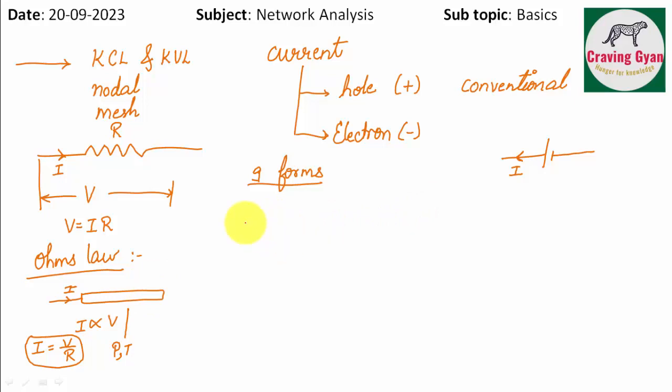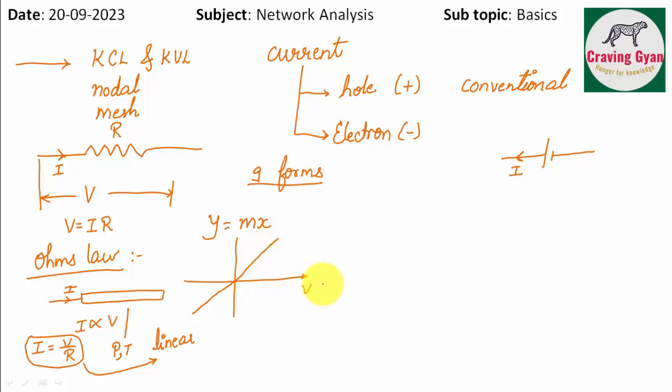Similar to this, we have written I equals V divided by R, nothing but I is proportional to V, nothing but it is a linear component. Why is it a linear component? This equation is something like y equals mx, not y equals mx plus c. When the equation is y equals mx, its behavior is passing through the origin.